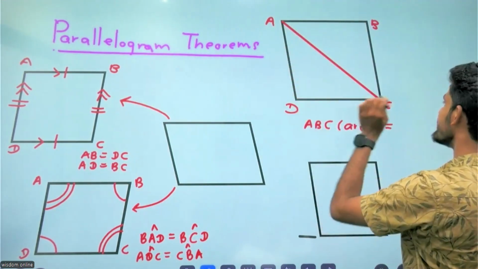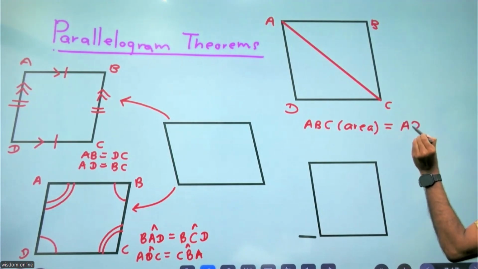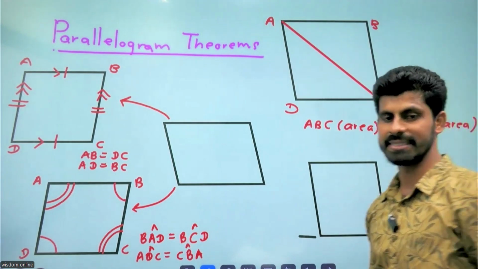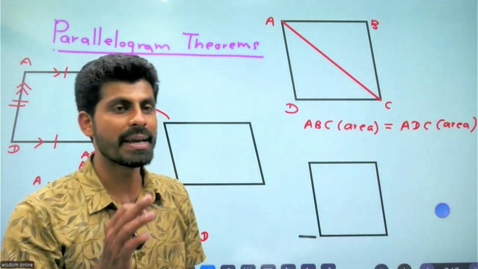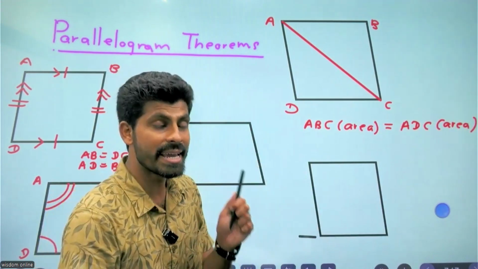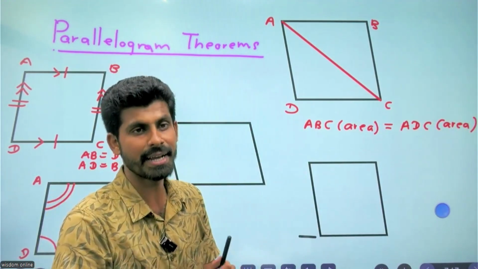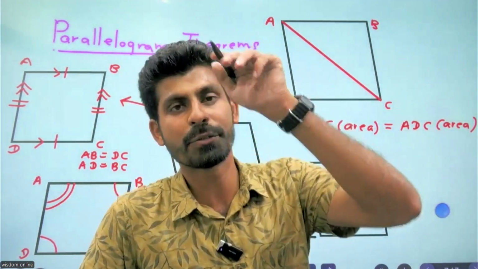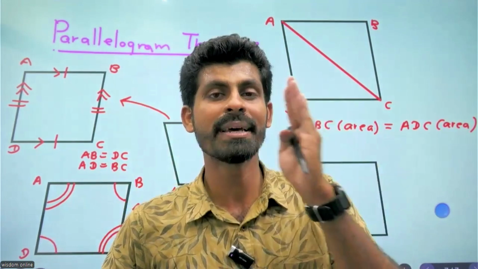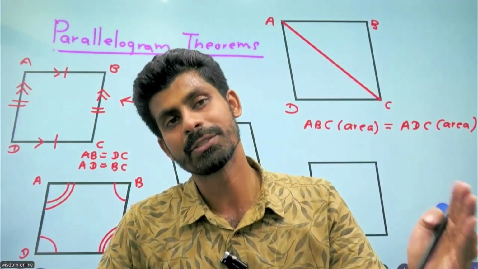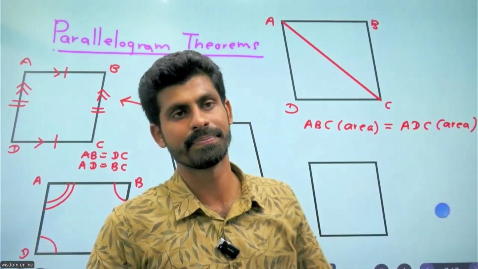So area ABC equals area ADC. That means the area is bisected by the diagonal. If you draw the diagonal through the parallelogram, the area will bisect. That is the idea of that theorem.